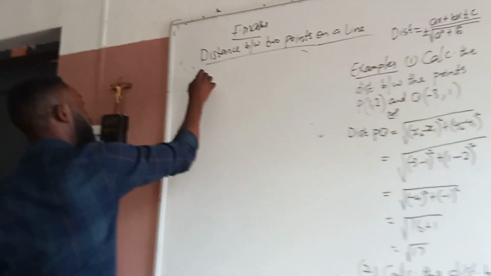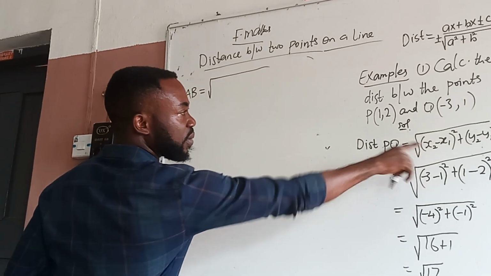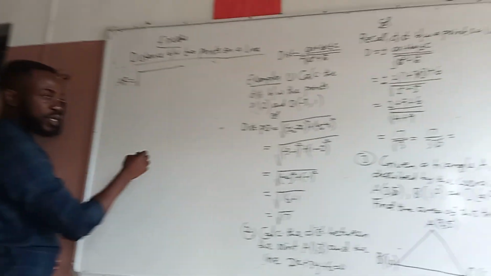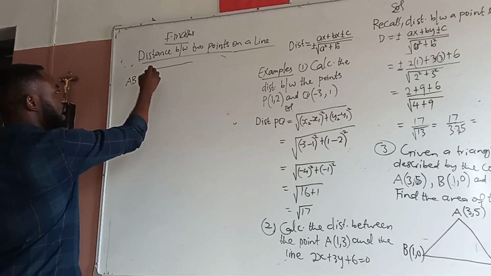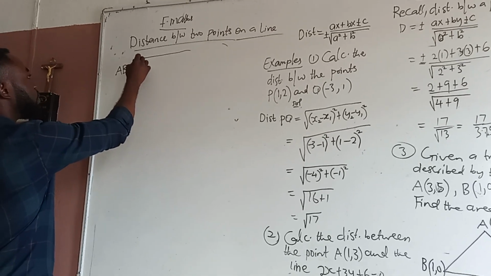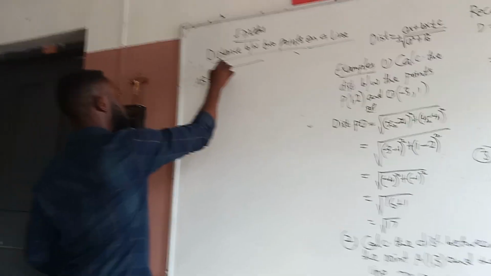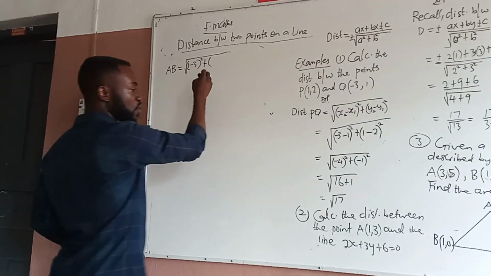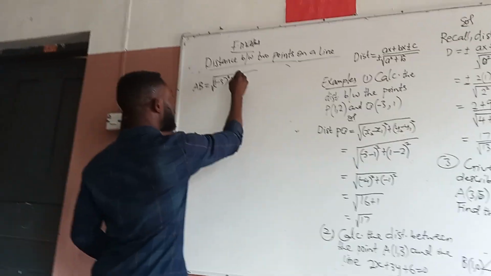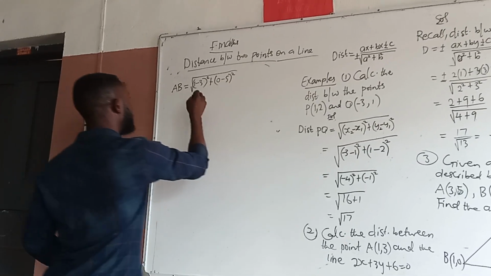AB is equal to, using the formula, x2 minus x1, which is 1 minus 3 squared, plus y2 minus y1, 0 minus 5 squared.